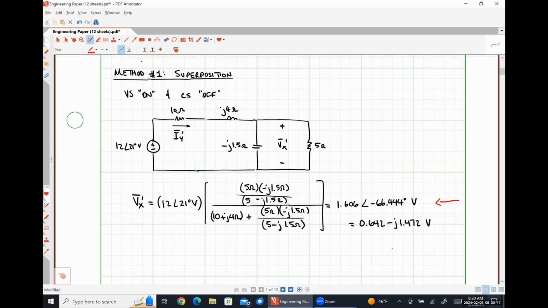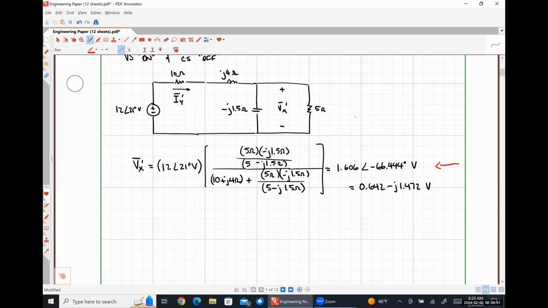So that would be 12 angle 21 degrees over the denominator of that large fraction, the denominator in our voltage division. We could also just take Vx and divide by the 5 in parallel with minus j1.5. That'll give us the exact same result, because the same current is flowing through this single loop circuit effectively if we treat those two impedances in parallel. So realistically, the easiest way to do things here is going to be Ohm's law, right?